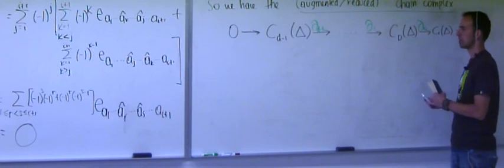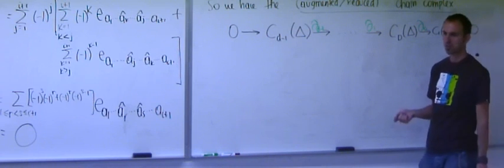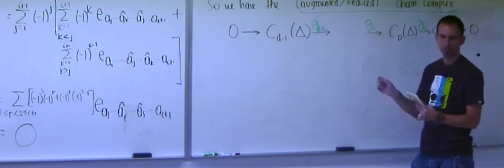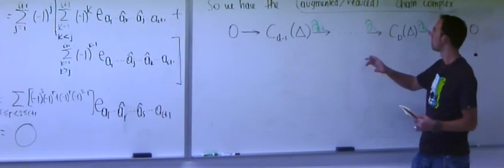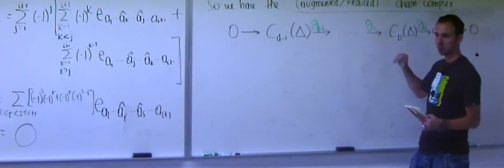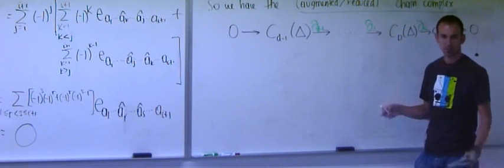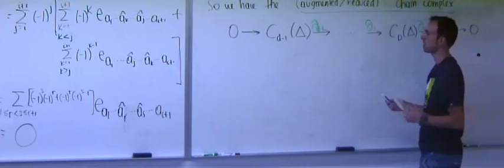Now, if you remember, the homology basically measures how not exact you are. So I defined this in the previous context of just abstract chain complexes. Okay? But now I'm going to define the homology in the same way that I defined it back then.